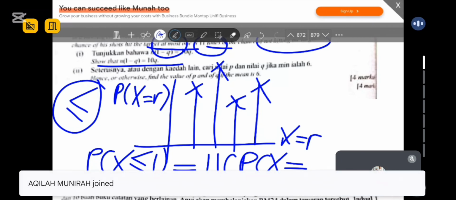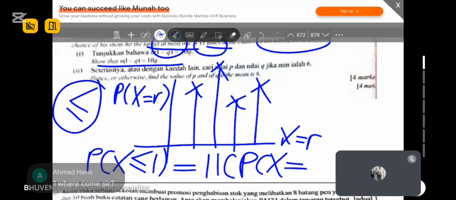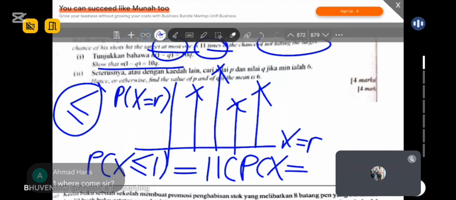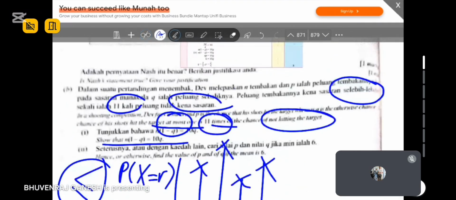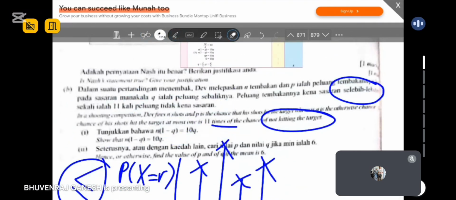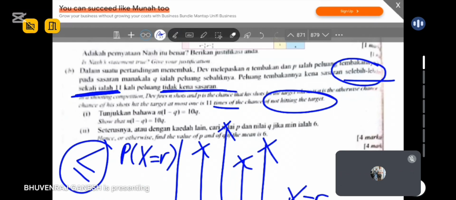If you never hit the target. Sekali. Sekali maksudnya satu. Betul? Selebih-lebihnya sekali. Okay, so guys, tidak kena sasaran maksudnya X sama dengan berapa guys?